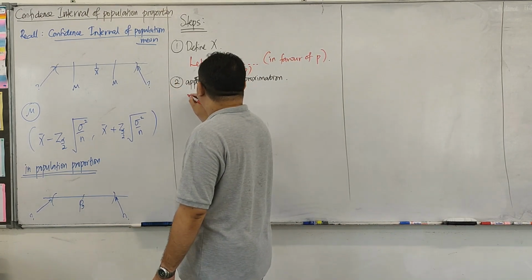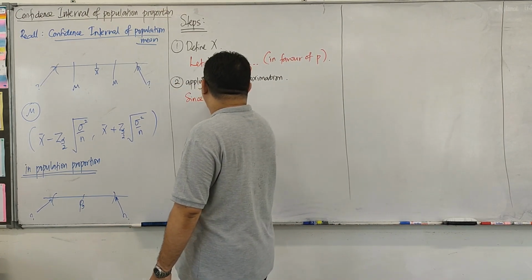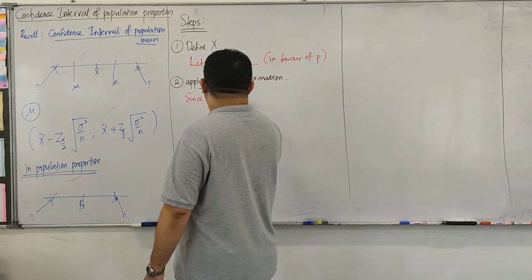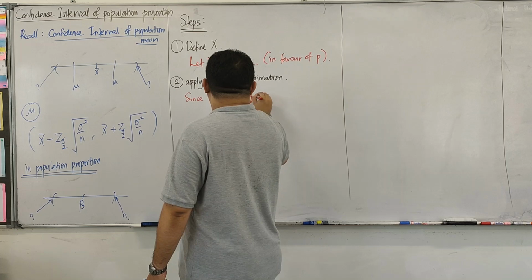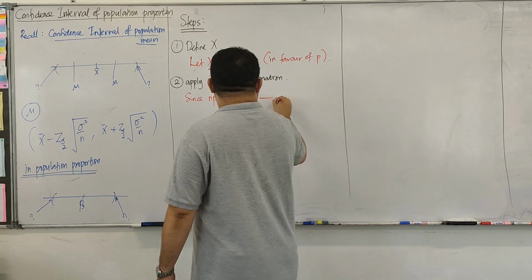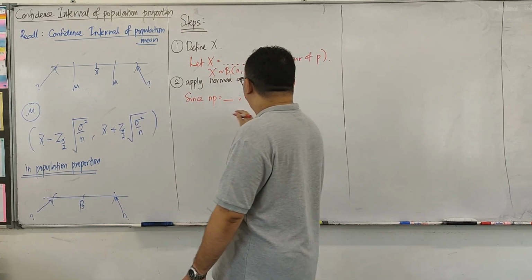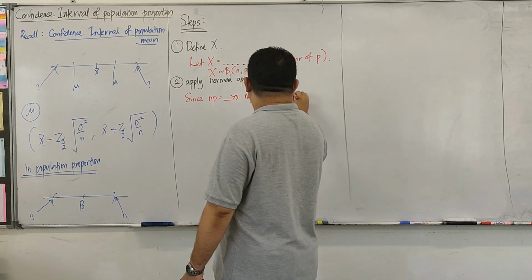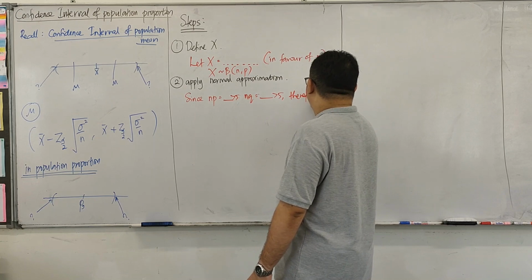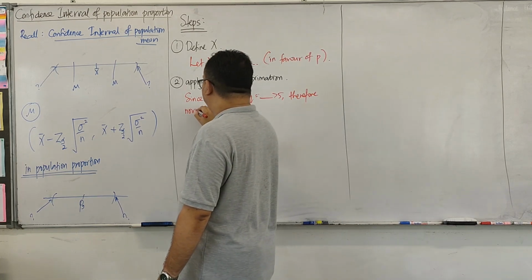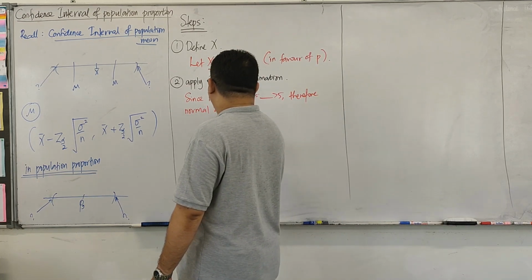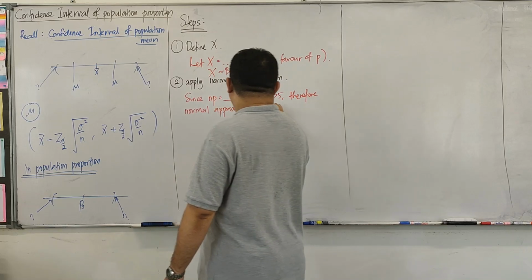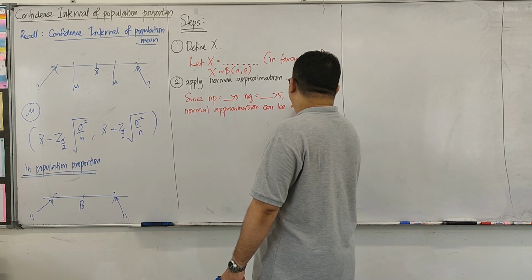So since np equals to berapa, nq equals to berapa, and then both of them more than 5, therefore normal approximation can be applied.